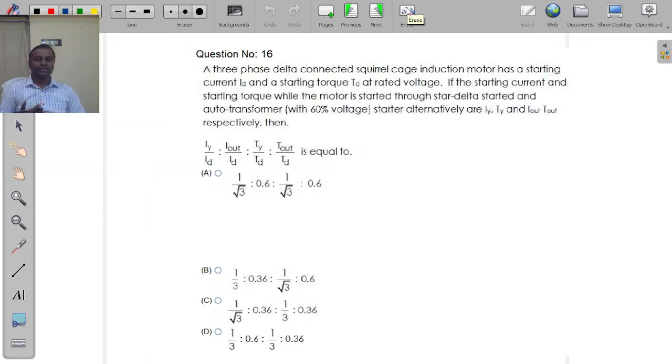A three-phase delta connected squirrel cage induction motor has a starting current of ID and starting torque TD at rated voltage.